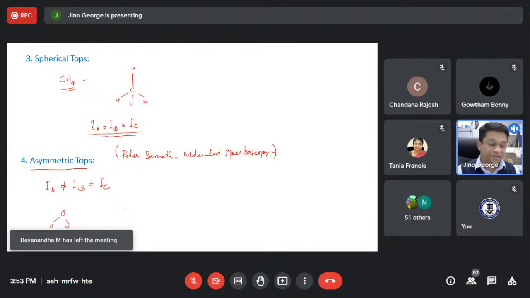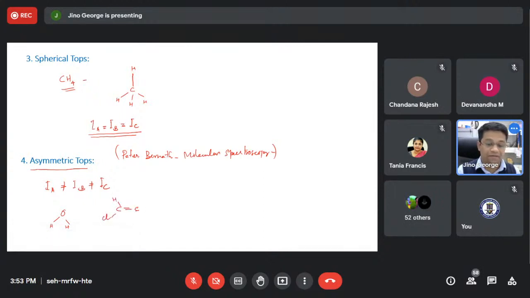I can tell you many examples. I'll take a very simple system, vinyl chloride. There are many similar classes of molecules in the literature, so you can check it if you are interested.